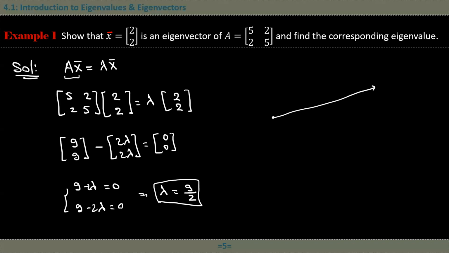So maybe this one is x, and what is lambda x? Maybe lambda x is this vector. So how can I transform this vector onto this vector? By just using this matrix. Anyway, first, let's work on the technique, how to find eigenvector or eigenvalue.